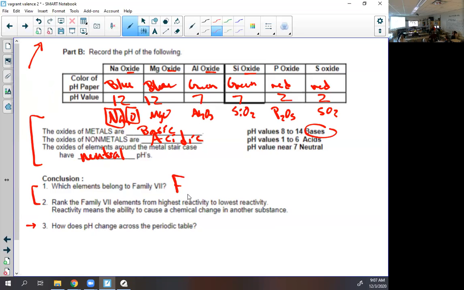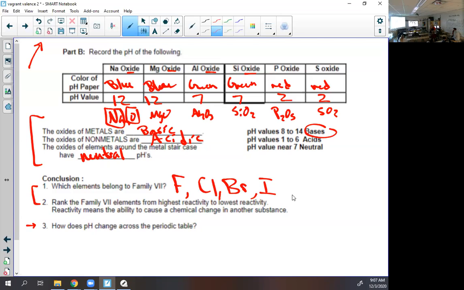They were fluorine, chlorine, bromine, iodine. That one is in there, but we didn't test it, so you can write that. It's called astatine, or just At.